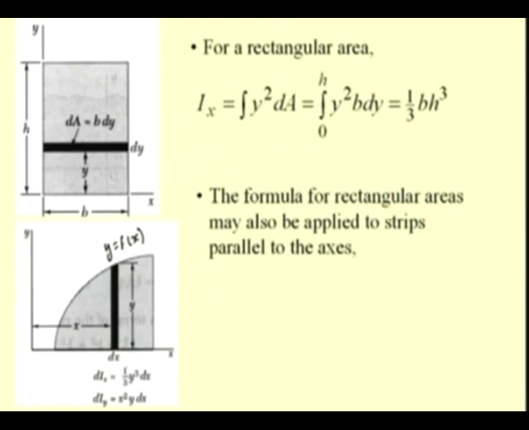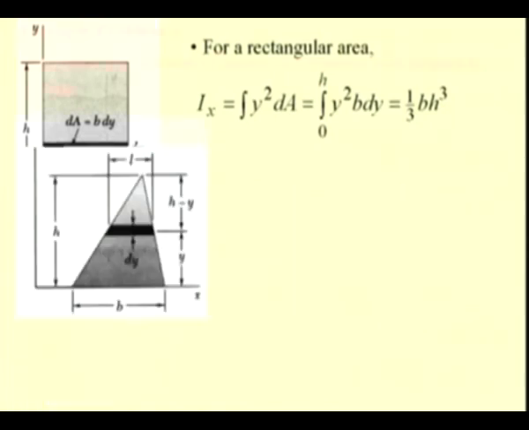So, we have 1/3 y cube dx is the second moment of this thin strip with respect to this x axis, and the second moment of this thin strip with respect to the y axis is x square times the area, which is y times dx. So, we have dIy as x square y dx. So, if we integrate this between the limits, we have the results.